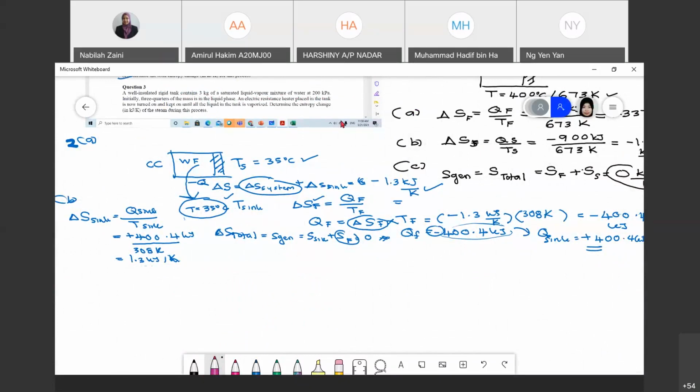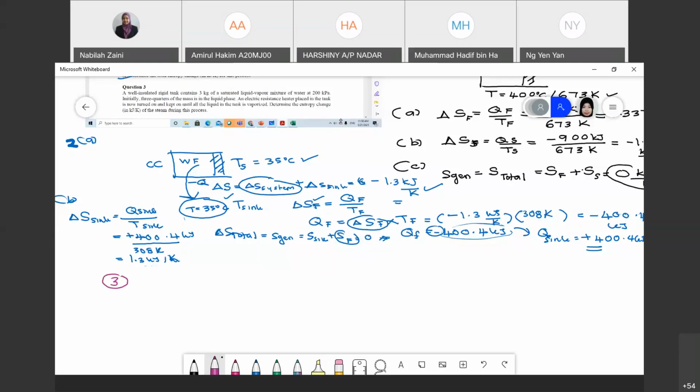So here, a well-insulated rigid tank. For question number 3, you need to focus on two different conditions, the initial condition and the final condition. Both are contained in the well-insulated rigid tank, which means it is a closed system. The volume is specific and it doesn't change.